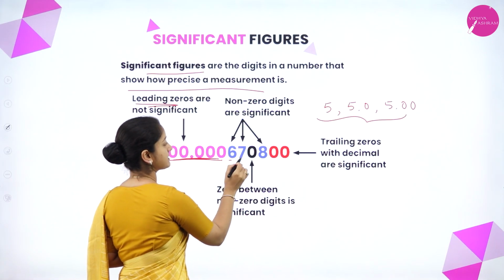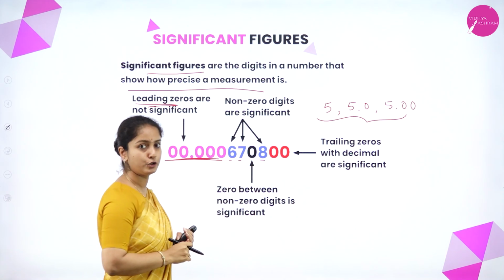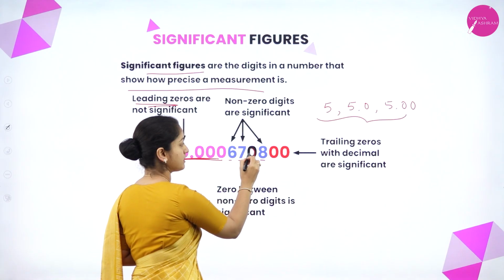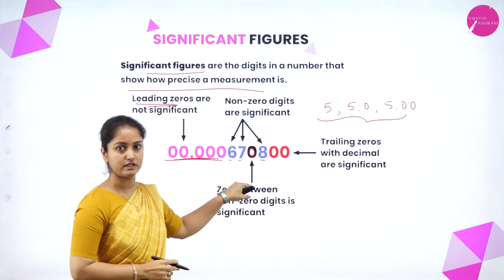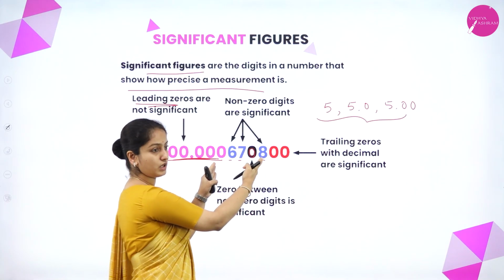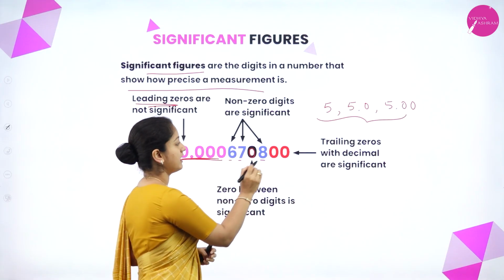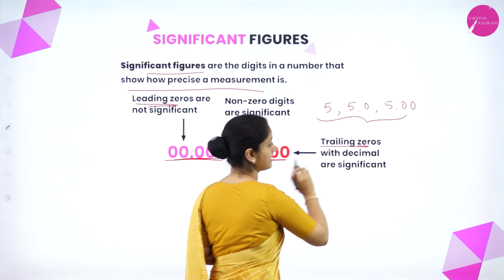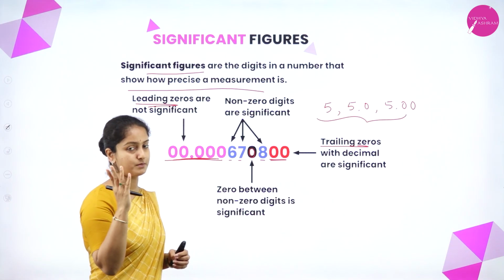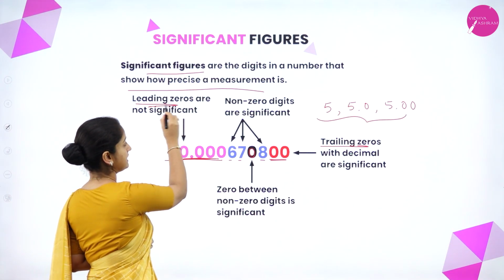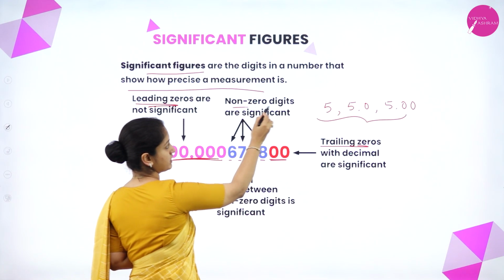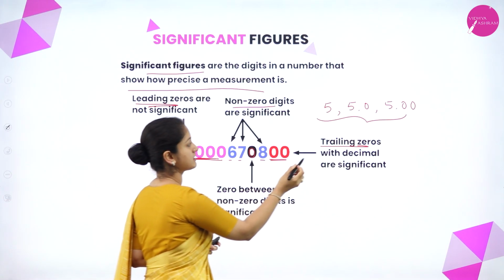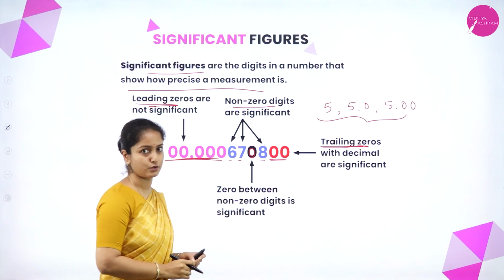These 6, 7 and 8 are non-zero digits, and this 0 in the middle is a zero sandwiched between two non-zero digits, and zeros at the end are known as trailing zeros. So, there are 4 terms that you have to remember: leading zeros, non-zero digits, zeros sandwiched between non-zero digits, and trailing zeros.